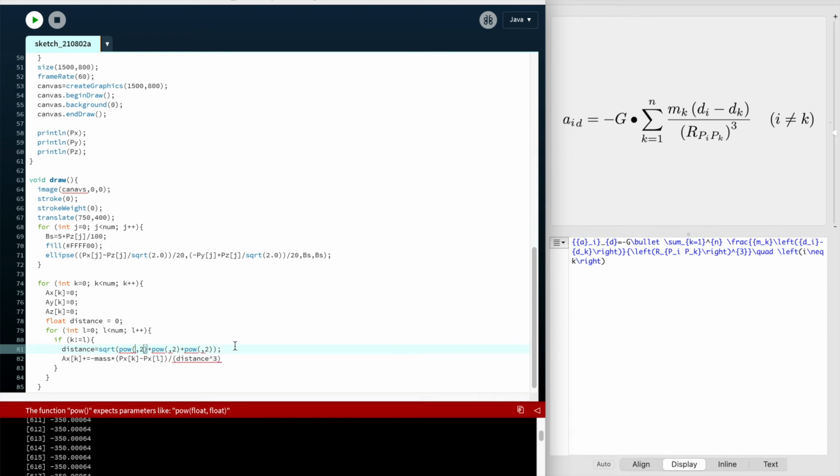And when we calculate the distance between two objects in 3 dimensions, what we do is subtract the x coordinates, y coordinates, and z coordinates, and then we raise all of them to the power of 2, and then we take the square root. So this is basically the function for calculating our distance.